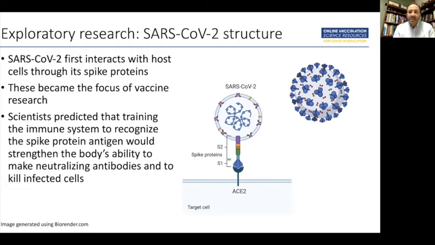So the good thing about using the spike proteins is that they're on the outside of the virus, which means they are accessible and they're recognizable by the components of the immune system, the molecules and cells that make it up.